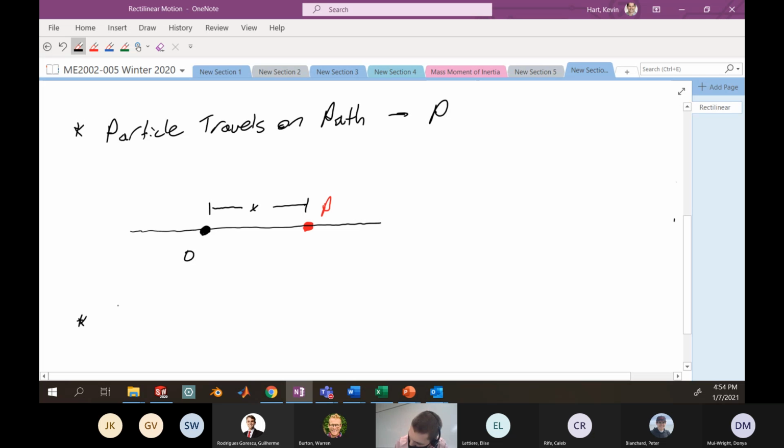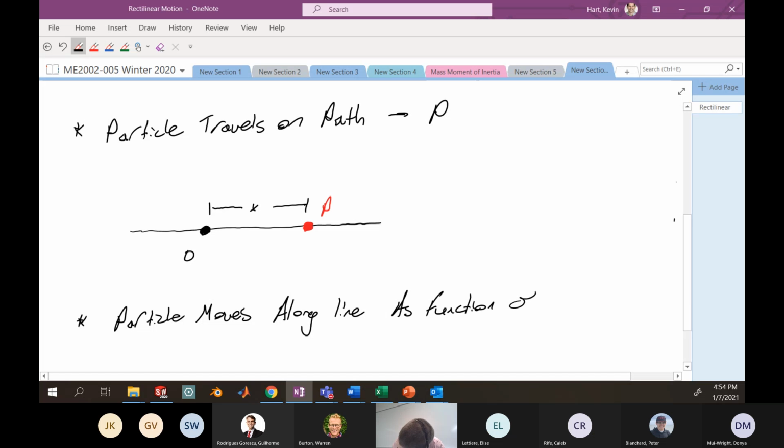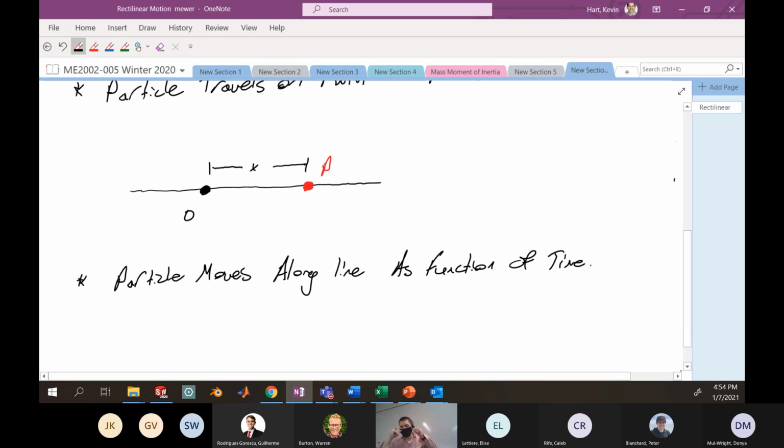So the particle moves along the line as a function of time. And we typically represent the position of that particle with a position vector. There are a lot of different ways that you could represent a position vector. I like to use the letter R.